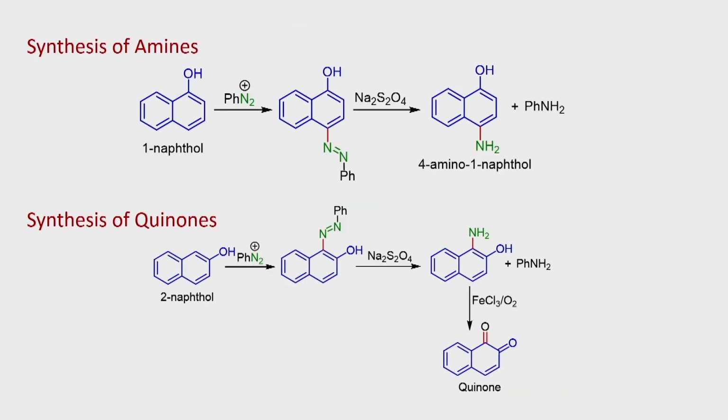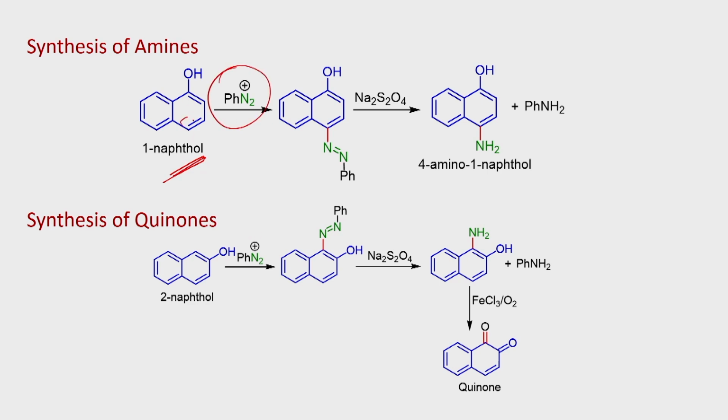Now let us look at applications for the synthesis of substituted aromatic compounds. For example, the reaction of naphthol is shown here. When you have the naphthol, you can react it with this phenyl diazonium salt.